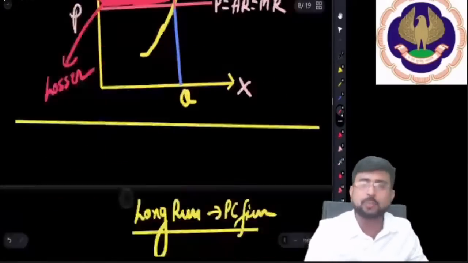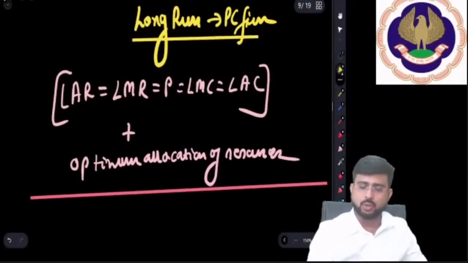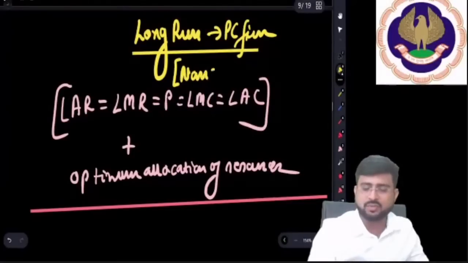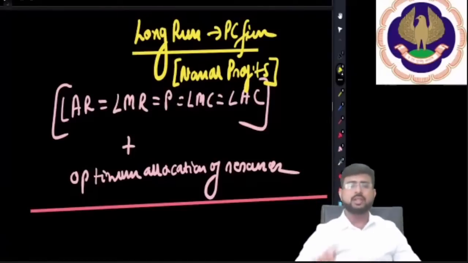But there is not so much going on in the long run. In the long run, in a perfectly competitive market, the general mode is that firms will earn only normal profits, because of what will happen in the long run.